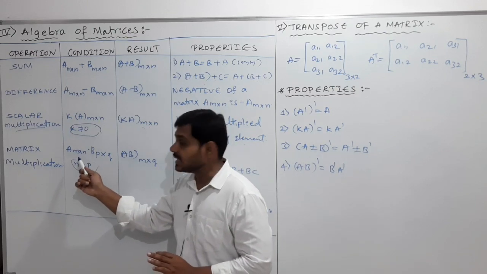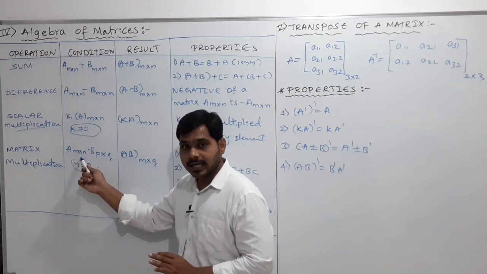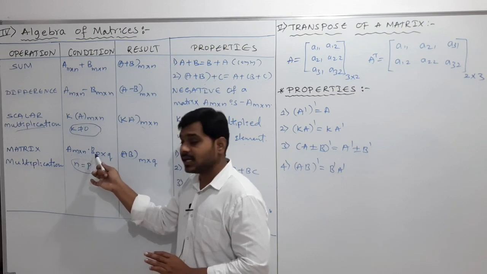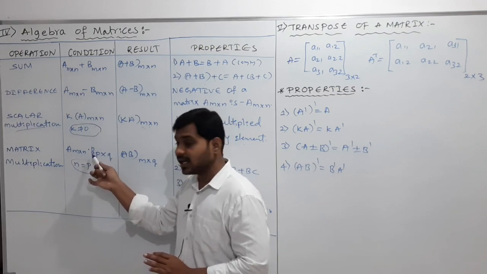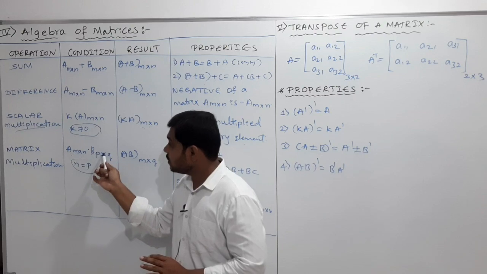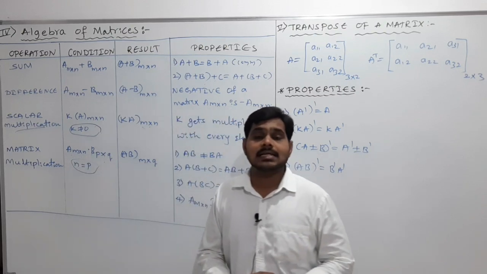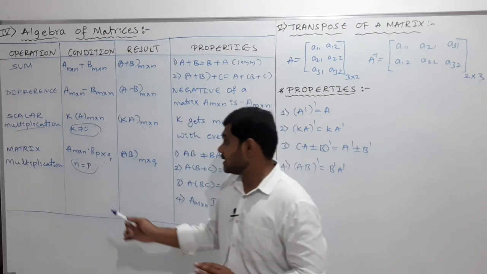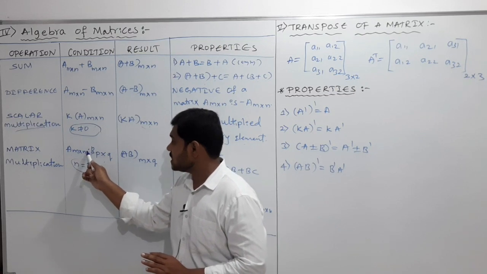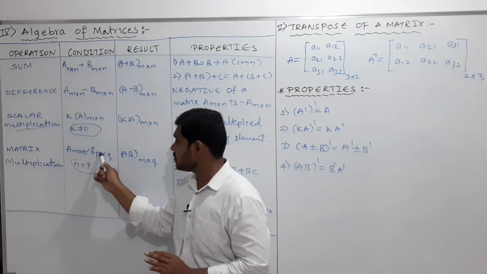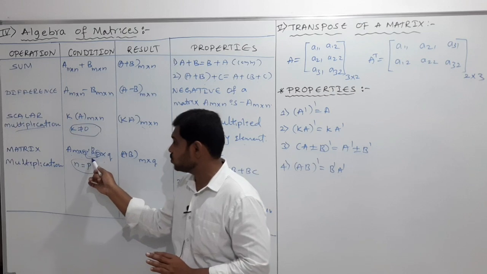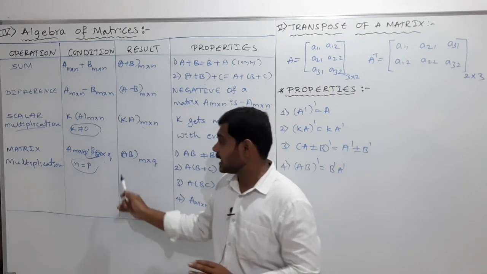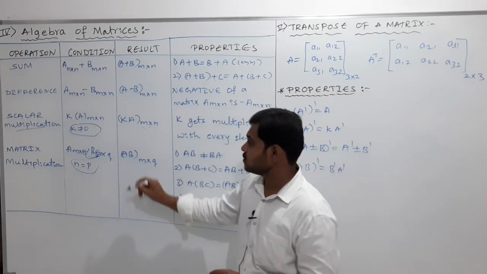If you have a matrix A of the order m cross n and another matrix B of the order p cross q, then we can multiply these two matrices only if the number of columns in the first matrix is equal to the number of rows in the second matrix. If these two are equal, then only we can multiply. Please remember, this is very important.